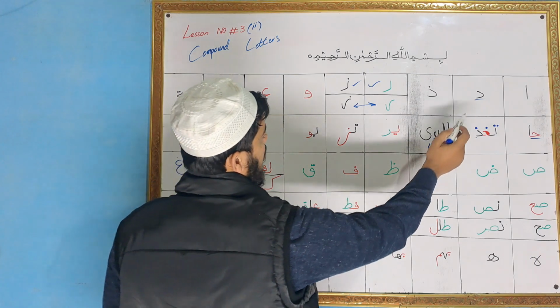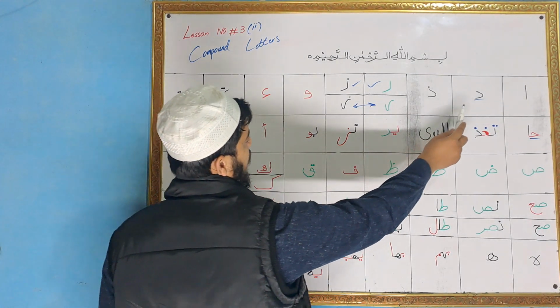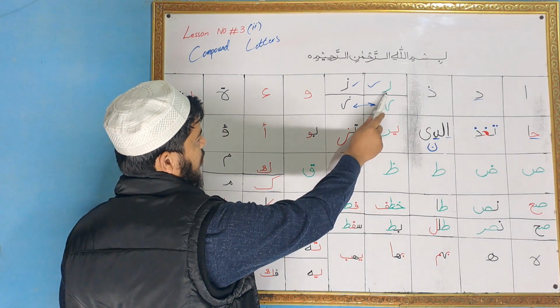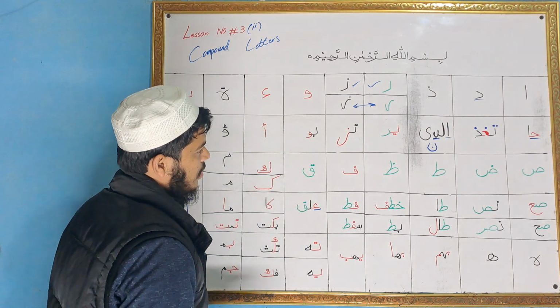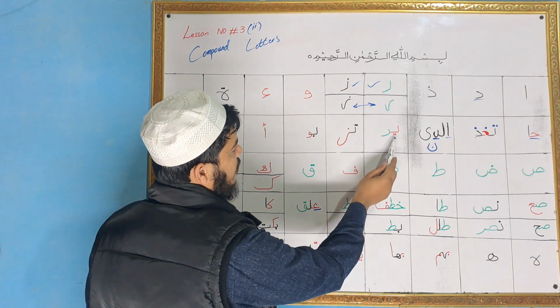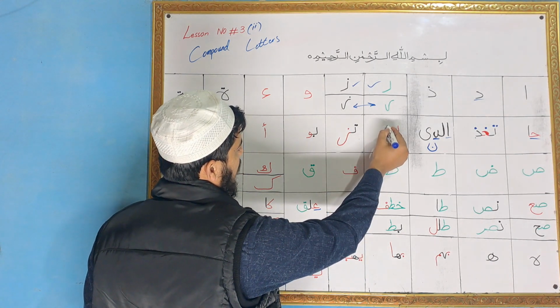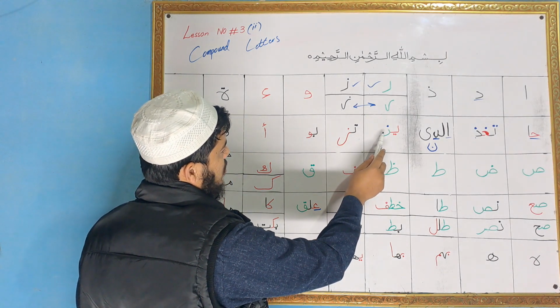It is a little bit more flat than dal and zal. So this one is also the shape of ra and za. You can see this one will be ya ra. If I put a dot there, the same shape will be considered as ya za.